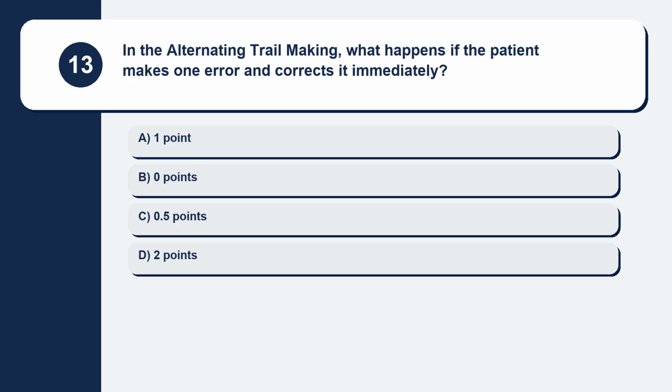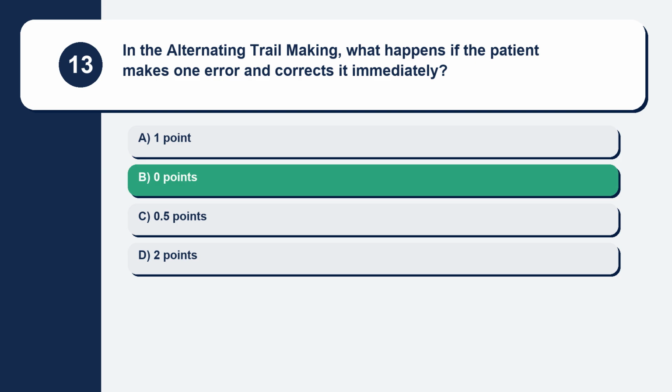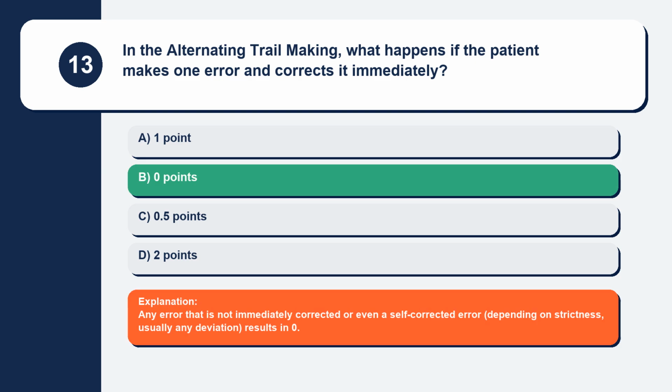In the alternating trail making, what happens if the patient makes one error and corrects it immediately? 1 point. 0 points. 0.5 points. 2 points. Any error that is not immediately corrected, or even a self-corrected error depending on strictness, usually any deviation, results in 0.